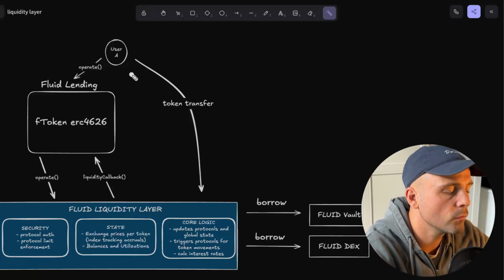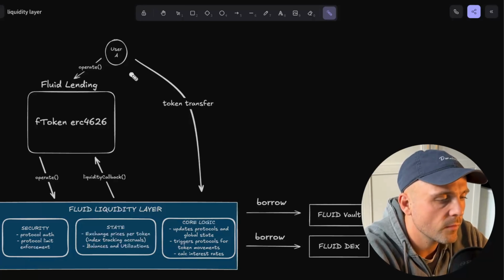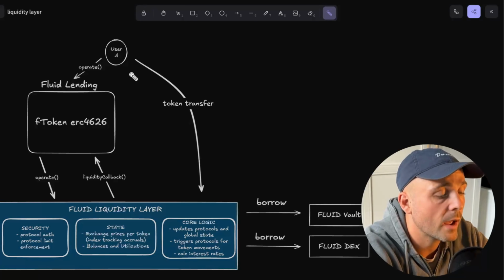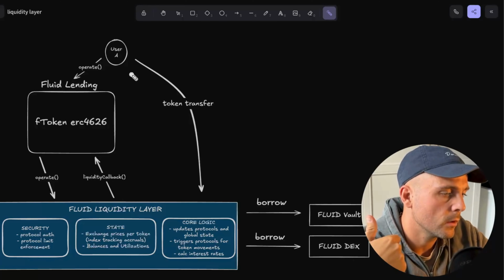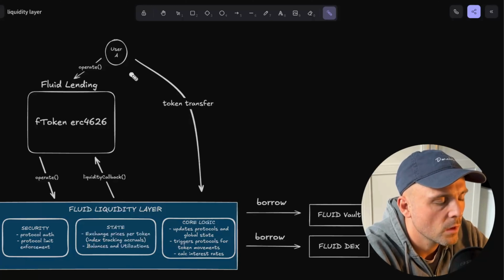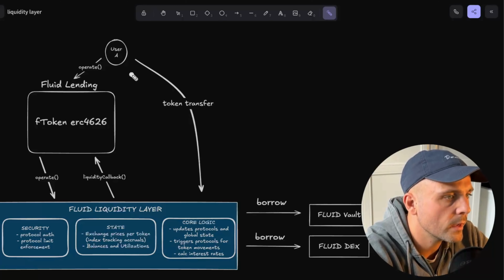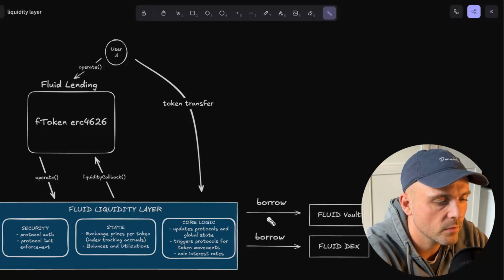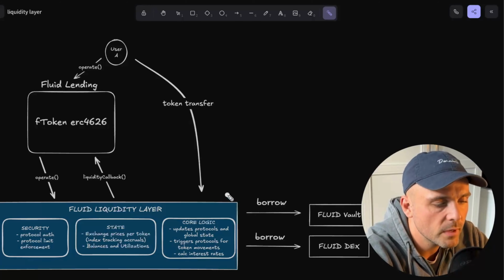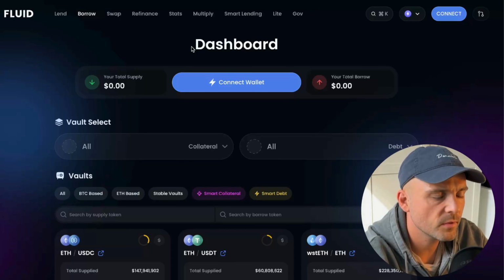If you've been a user in Aave v2, when Aave migrated to Aave v3, you had to actively migrate yourself in order to benefit from the borrow demand that originated from Aave v3. Fluid Lending users never have to migrate. As new protocols get added, they automatically benefit from this new borrow demand, which is really DeFi composability done right, in my opinion. Right, so this sums it up for Fluid Lending.